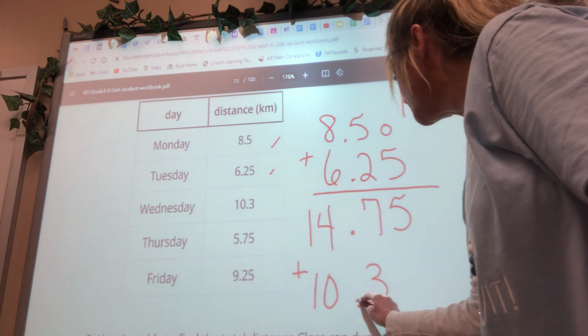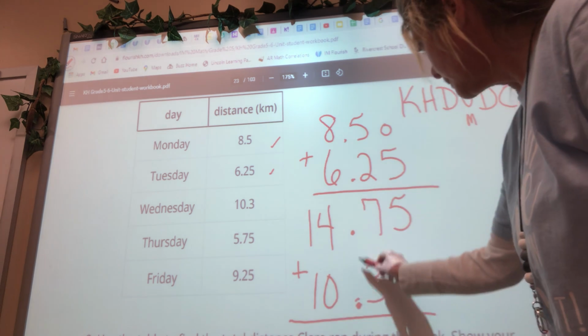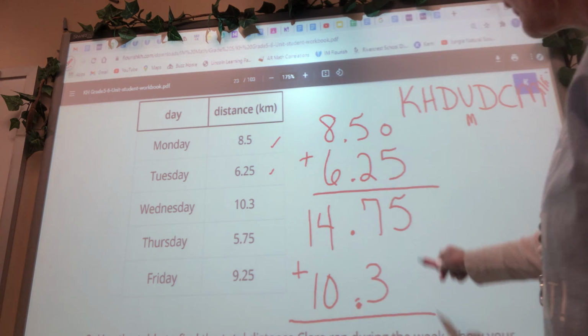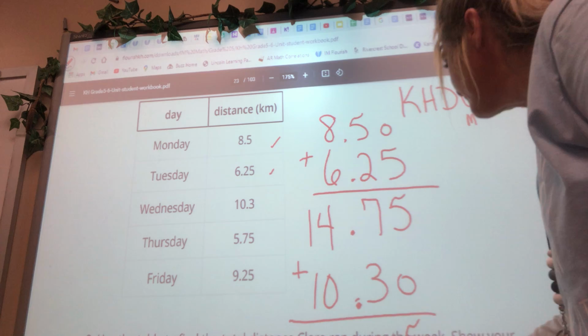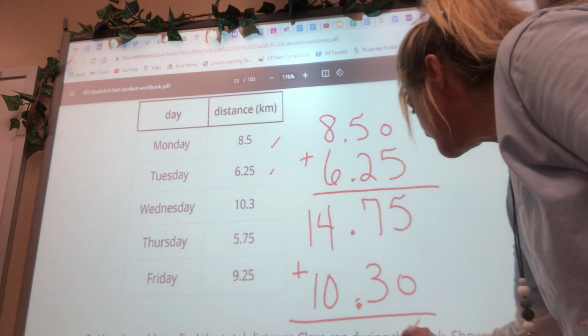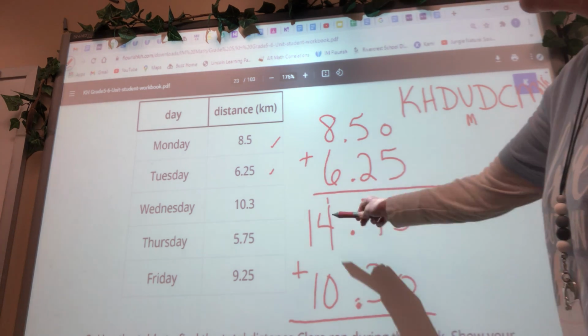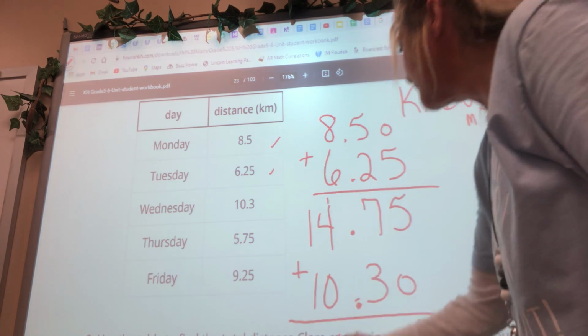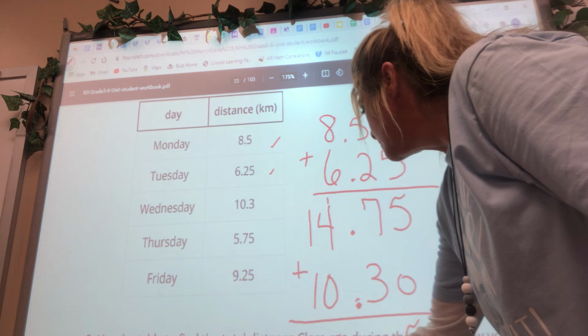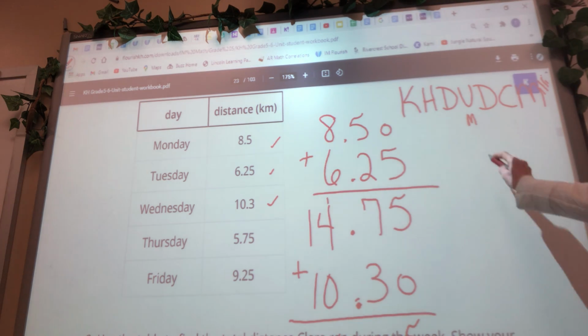Make sure you keep those place values lined up, straight down. Placeholder 0. 5 plus 0 is 5. 7 plus 3 is 10. Carry your 1. 4 plus 0 is 4, plus the 1 we carried is 5. And 1 plus 1 is 2. So we've got those 3 taken care of.